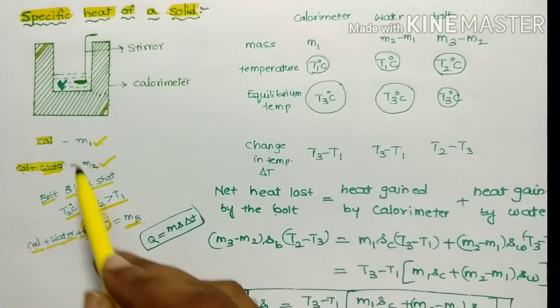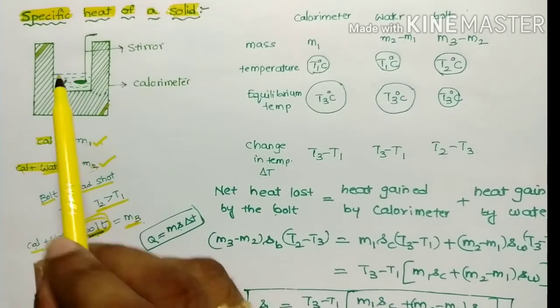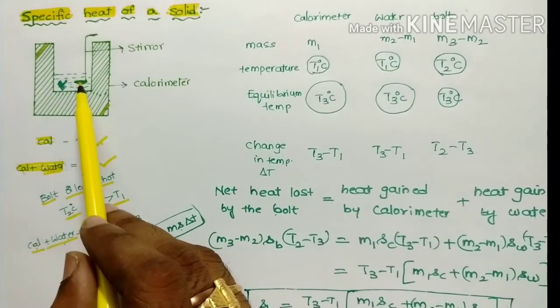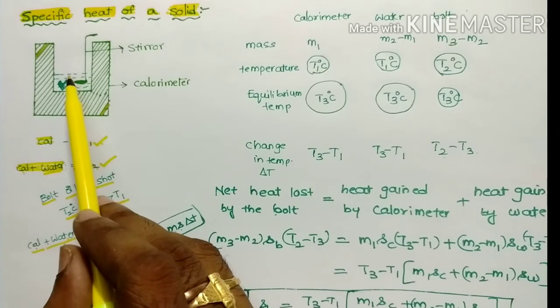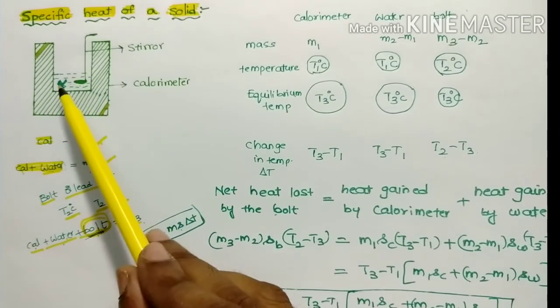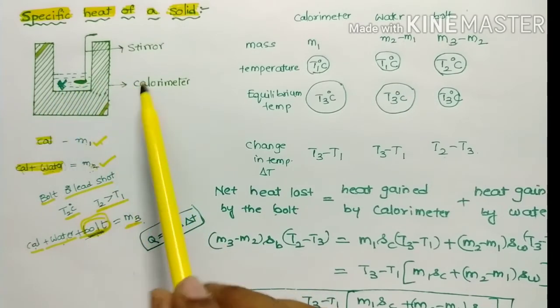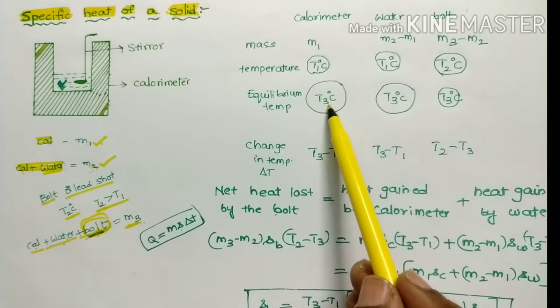Now put the bolt in the water. According to the principle of the method of mixtures, heat is lost by the bolt, and the same heat is gained by the water and calorimeter. This continues until they attain equilibrium temperature, T3 degrees centigrade.